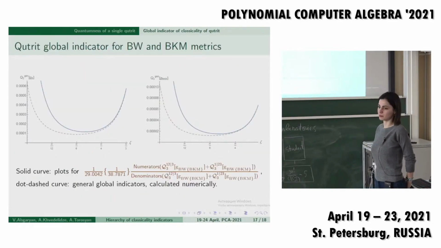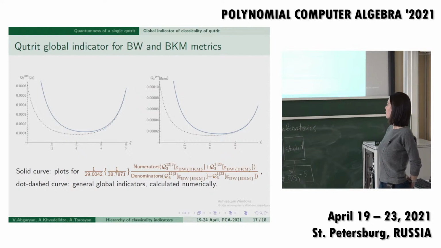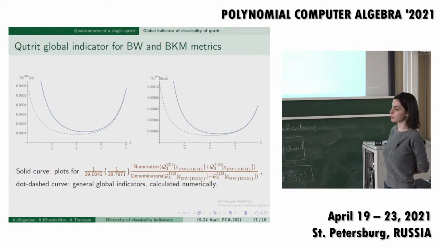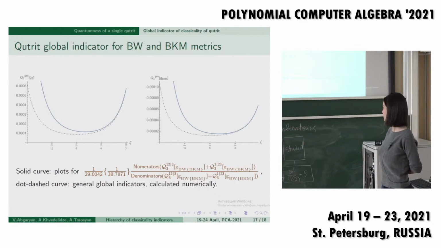I didn't write the explicit expressions because they're a bit more complicated, but you can see the plots for, again, the general cases for the Bures metric on the left and Bogolyubov-Kubo-Mori on the right, which were calculated numerically, and also the solid curves are the plots for the sums of numerators of the degenerate indicators over the sum of denominators.